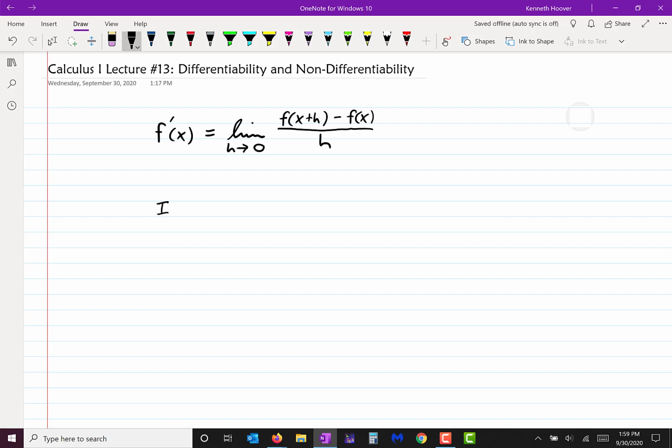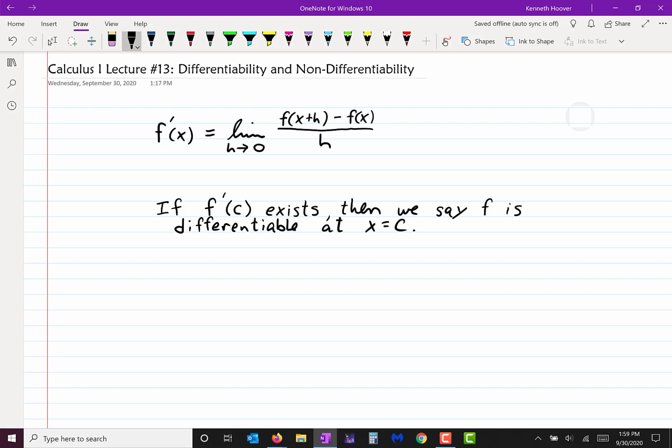So if f prime of c, meaning you're plugging a number c into f prime, exists, then we say f is differentiable at x equals c.